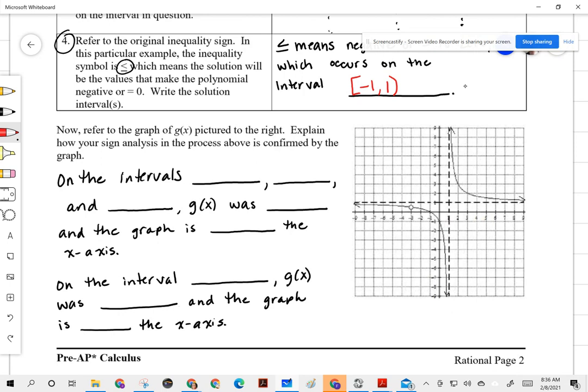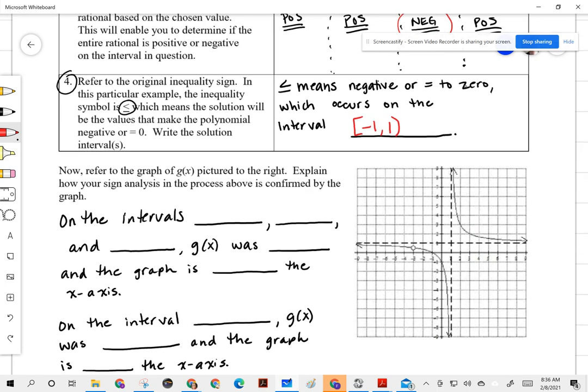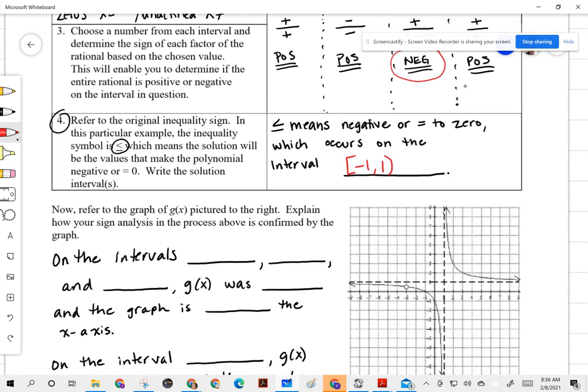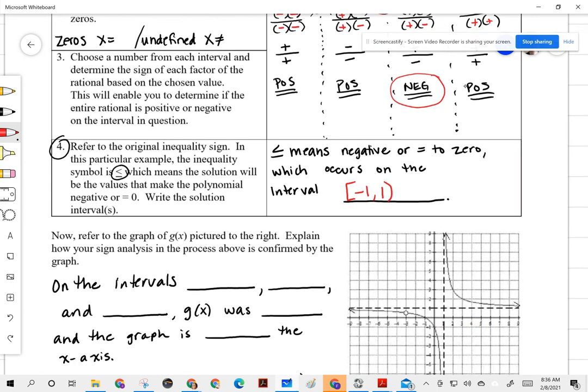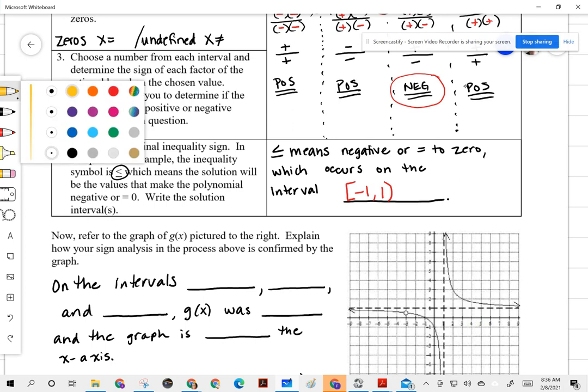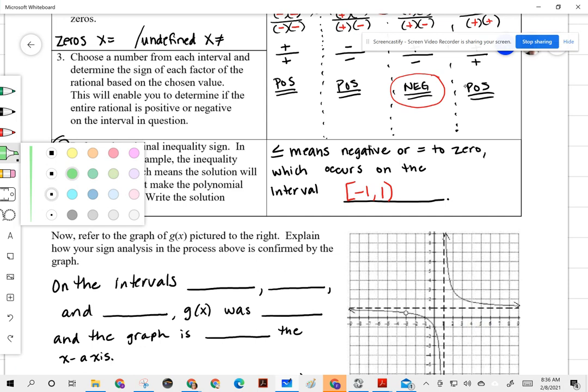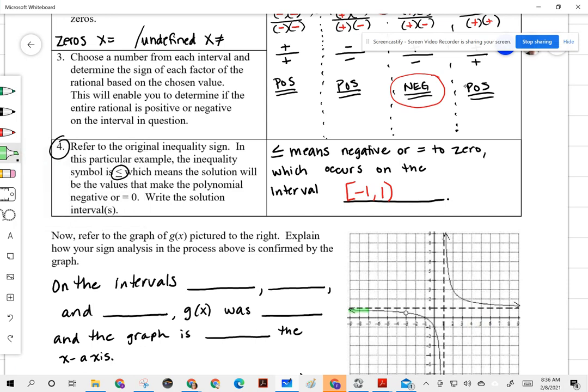All right, so now this is going to be kind of like the template that you can utilize to answer the questions here. It says, excuse me, now refer to this graph. Explain how our sign analysis is confirmed by the graph. So let's take a look, and I will try to color code this here. Let me do green here. And I'm looking at where the graph is above.